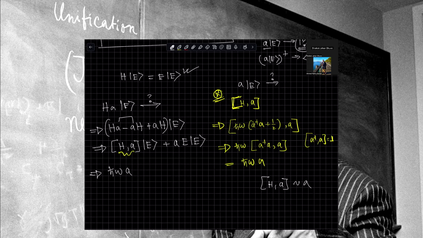Oh, I made another mistake. There should be an H bar omega in front, because H was something like H bar omega and the whole thing. So yeah, there should be H bar omega. Okay, so this is correct. Why am I getting a plus sign? Sorry about this.